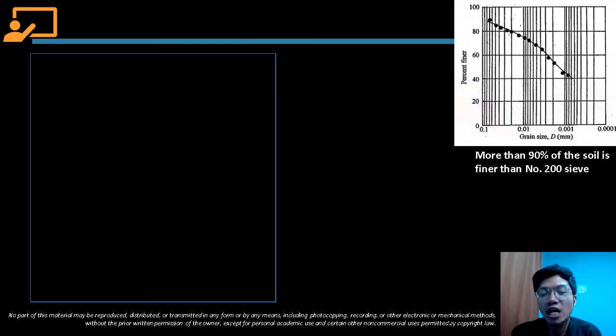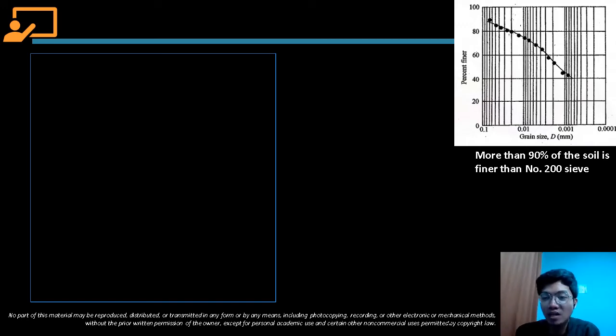Okay, so for the plotting of the percent finer class and the diameter from the hydrometer analysis, pwede natin siyang gawan ng separate na graph, class, if more than 90% of the soil is finer than number 200 sieve. Di ba, class, nabanggit ko kanina, yung ginagamit nating soil for hydrometer analysis is yung nag-pass through sa number 200 sieve.